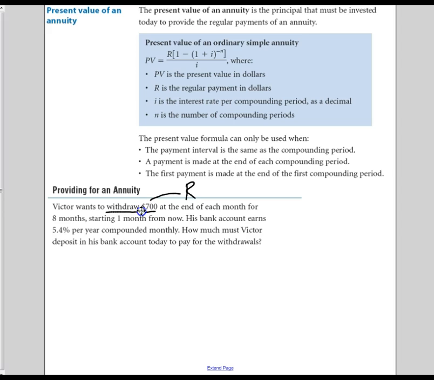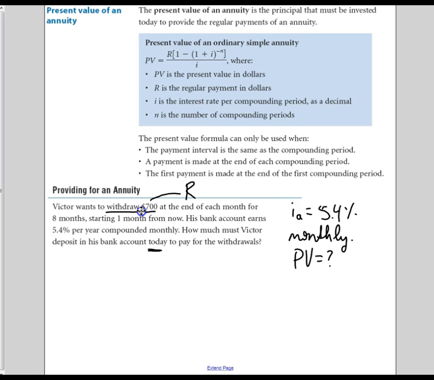At the end of each month tells you that the compounding frequency is 12, for 8 months, starting 1 month from now. Annual interest rate is given at 5.4%. Your compounding is monthly. That matches the frequency of the withdrawals. And the question here is, how much must Victor deposit in his bank account today? The keyword there is today, which means the present value is the unknown.